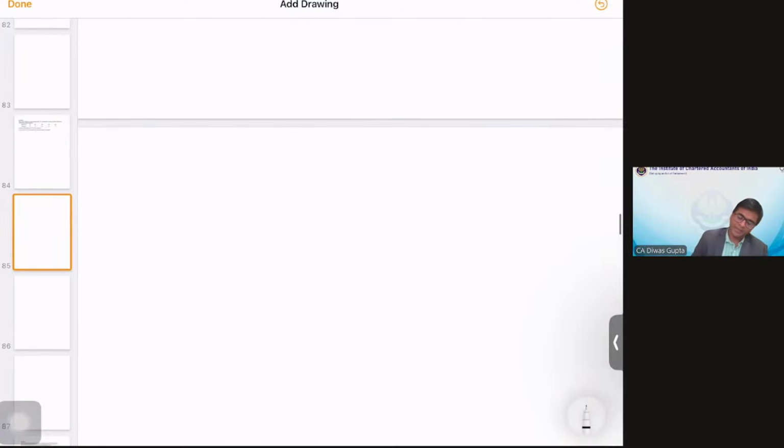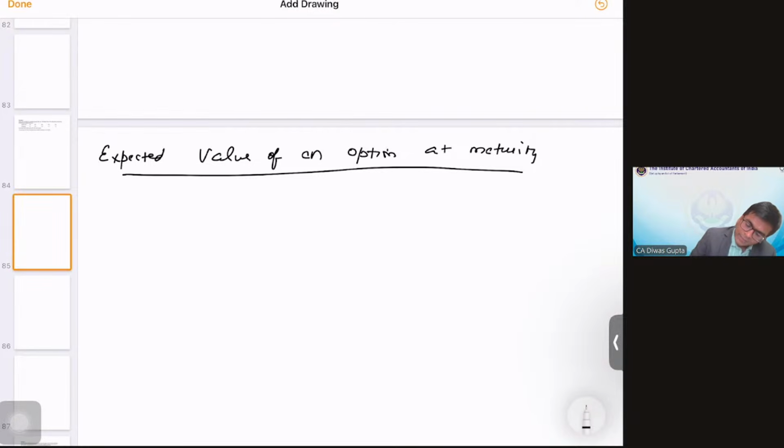Okay. So the expected value of an option at maturity. Let's say this is the probability.